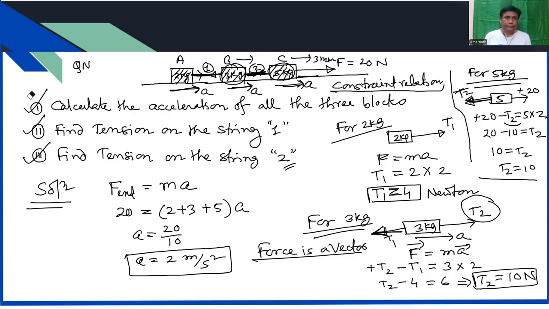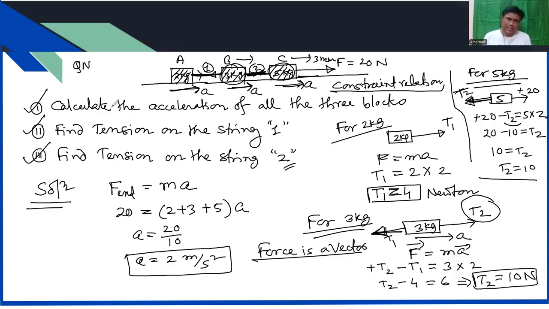Sir, I have a doubt. What if the thread was of unequal length? Like one of them was really small and one was really big.